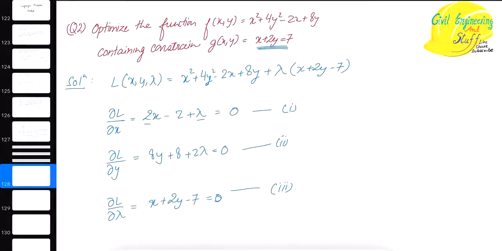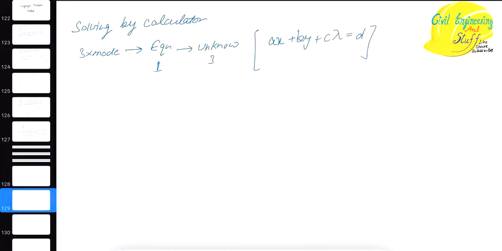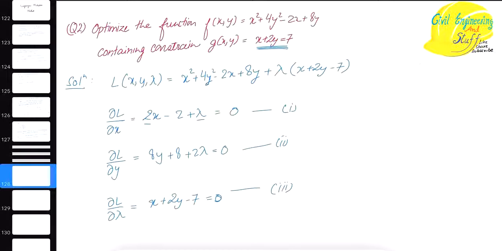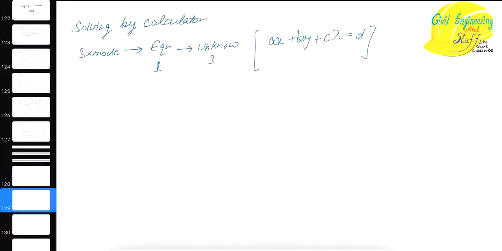Likewise, you put all the values: a1, b1, c1, d1, a2, b2, c2, d2, and a3, b3, c3, d3 from these equations. If you have any doubt as to how to enter these values, you can always ask. On putting in these values, the calculator will give you the answer.